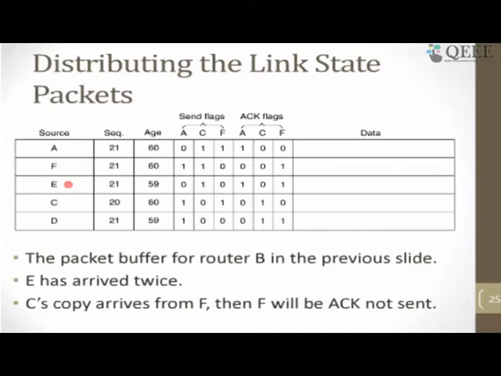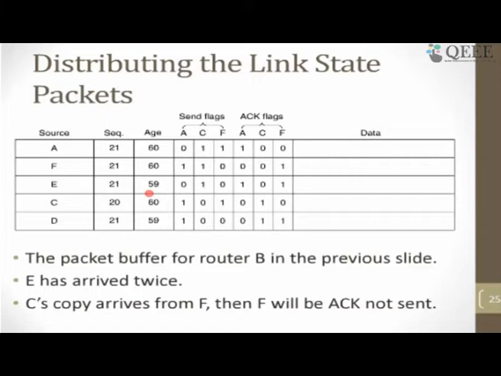How has B received E's information? From both F and A. It has received information from both F and A, and that is why it has also got decremented by 1.